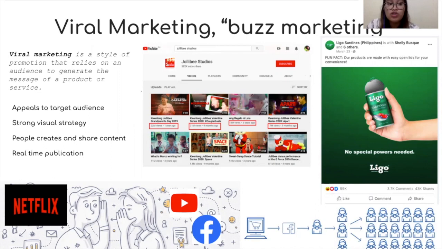It has a strong visual strategy, and people create and share content in real time, with timely publication. Like for example, Jollibee, although perhaps not the best example for high-tech markets, they use their video productions, which they post on YouTube and social media according to the event being celebrated.